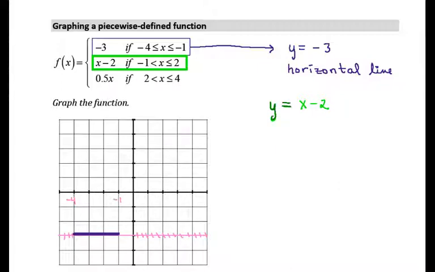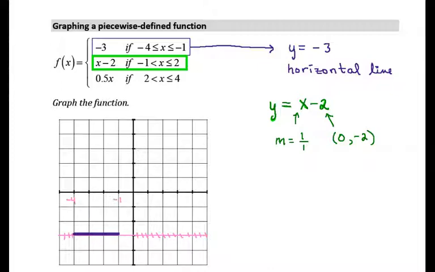And I'll switch to that lighter color when I go to draw the line. This is a linear function. It has slope 1, so I would think of that as a positive 1 over 1. And it has y-intercept -2, so I would want to start thinking about the point 0, -2.